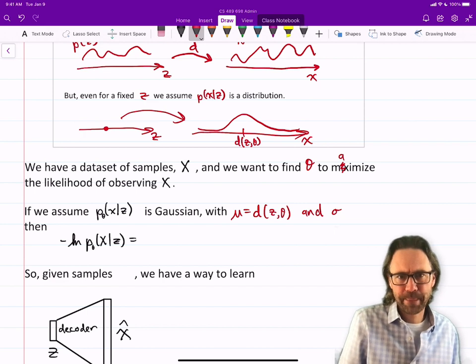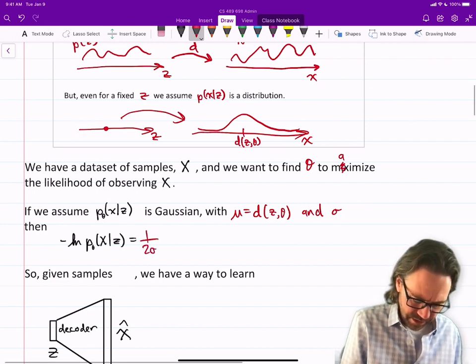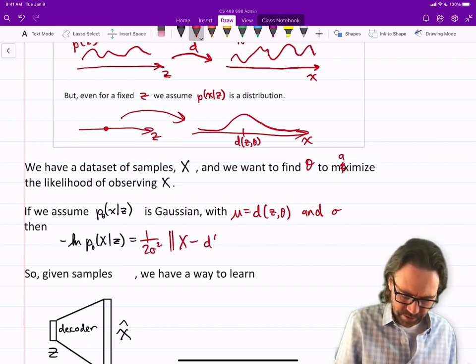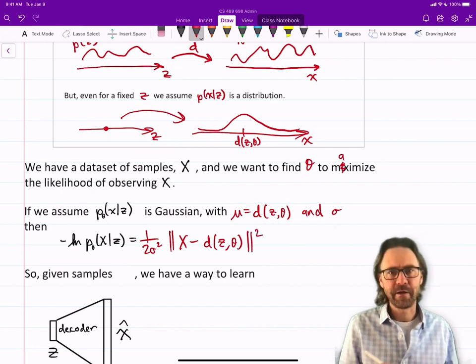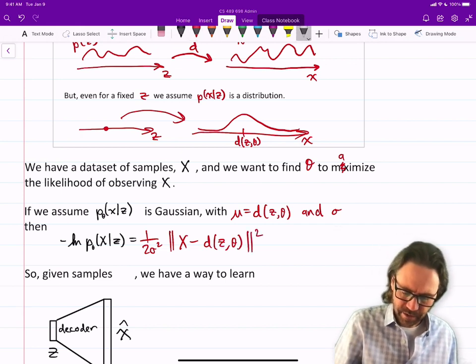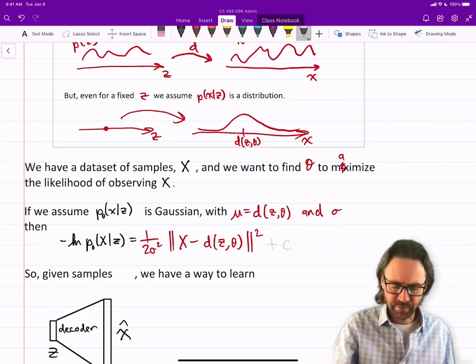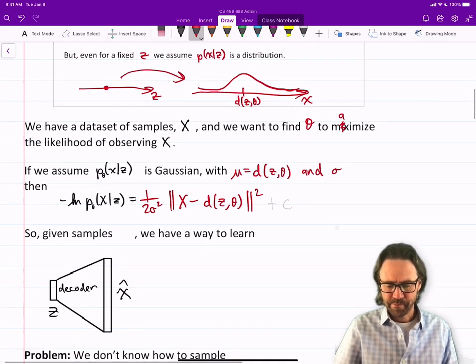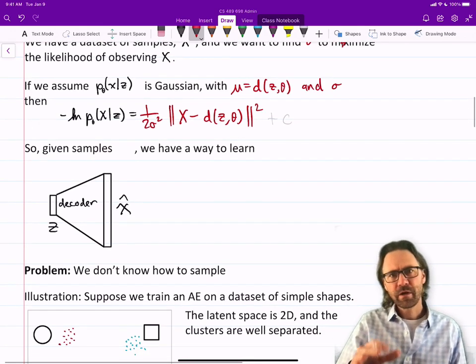So it'll be 1 over 2 sigma squared times the difference between X and our mu, like that. And in fact, it'll be plus a constant. But when you're optimizing, you don't care about those constants. Okay, so we'll come back to this later.